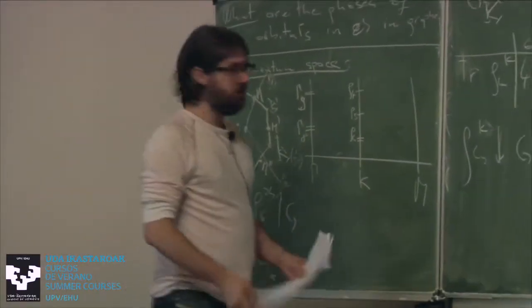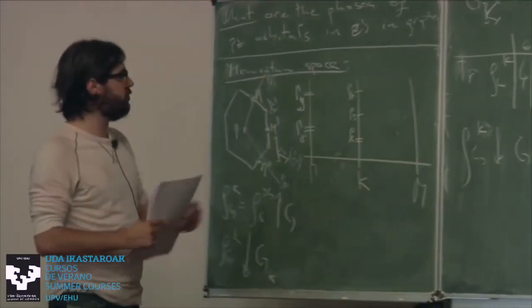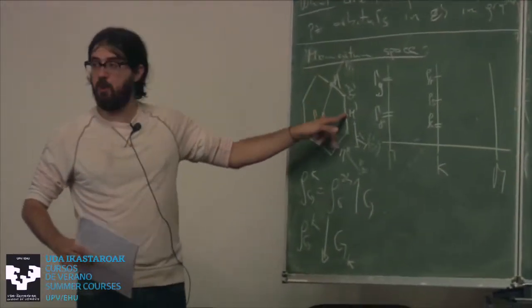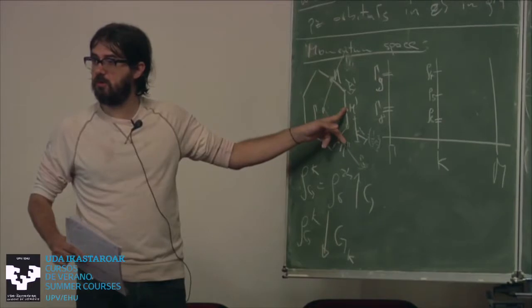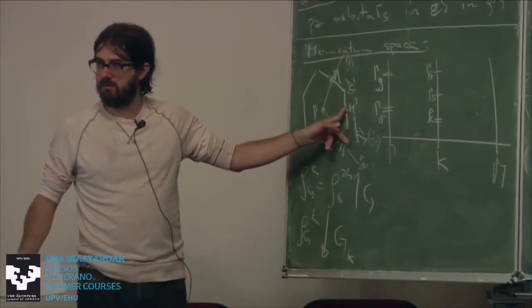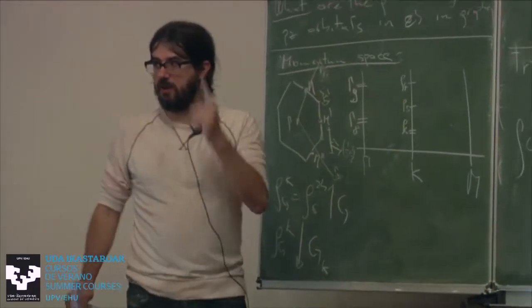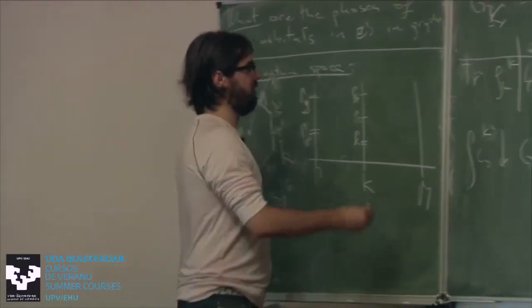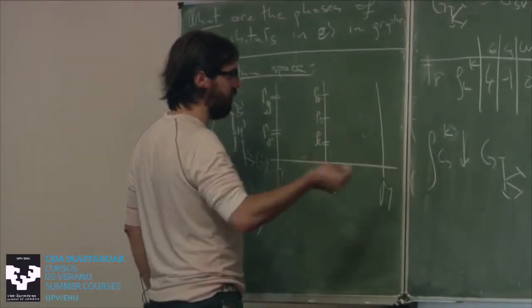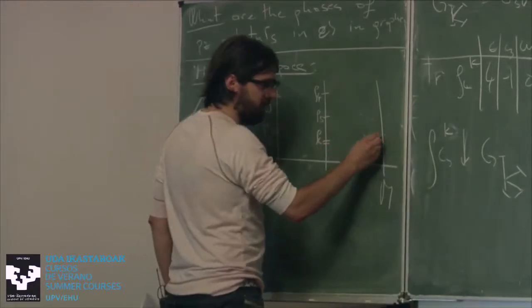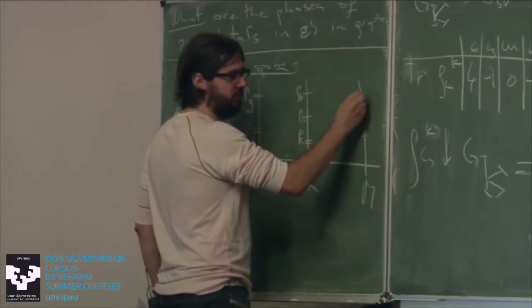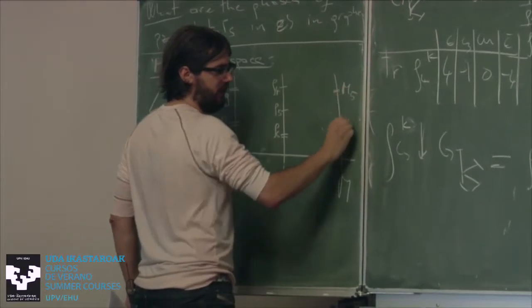And at M, the symmetry group of the M point is what? C2V. And C2V has only one two-dimensional representation. Call it M5. It is two-dimensional.